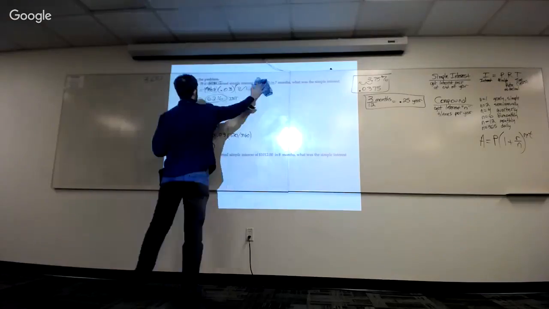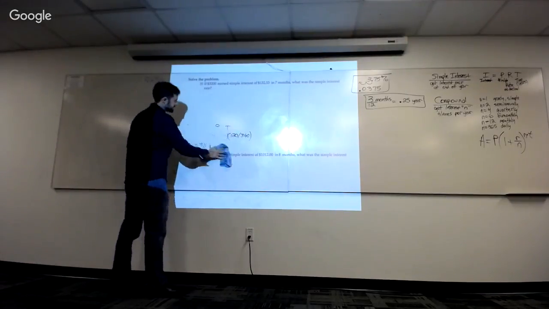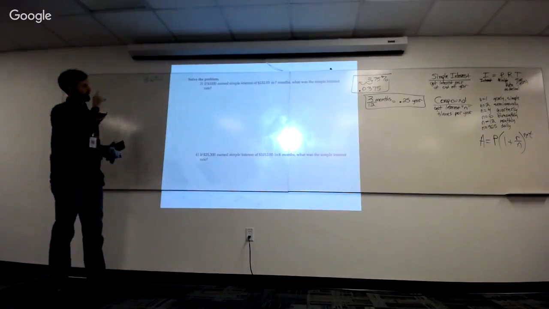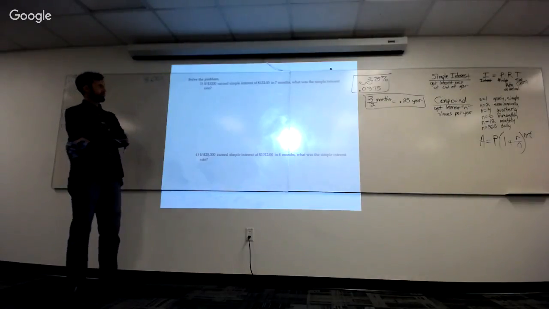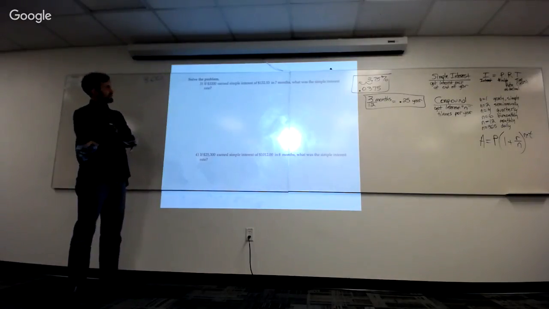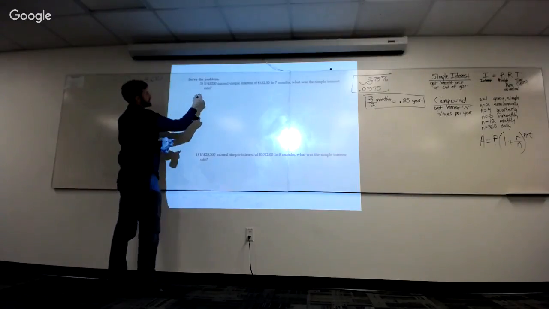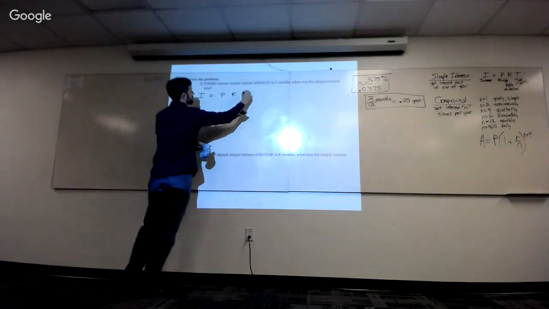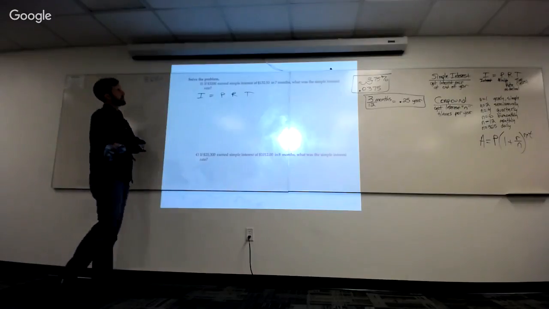Might also ask you to compute backwards to solve for an interest rate. We won't do all of these together. I'll just do as many as we need to see the pattern here. So now they're saying if $3,200 earned simple interest of $132 in 7 months, then what was the simple interest rate? So in all the problems that we do, even something easy like this, you want to start by writing out the formula, kind of writing it really wide like that so you have room to plug in all the numbers underneath them.